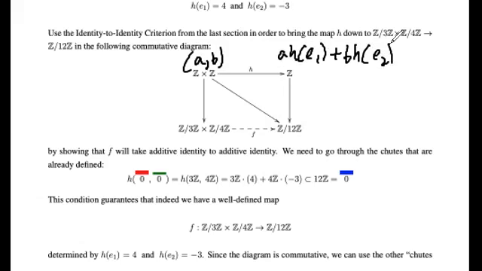So currently, with our current choices, we have chosen H of E1 to be a solution of 1, 0 in the congruences, or mod 3, mod 4, and H of E2, we'd chosen it to be a solution of 0, 1 in the congruences, 0 mod 3, 1 mod 4.